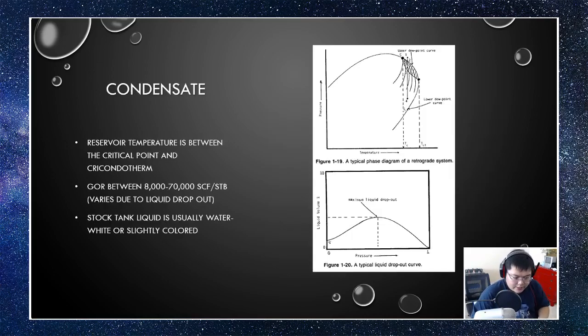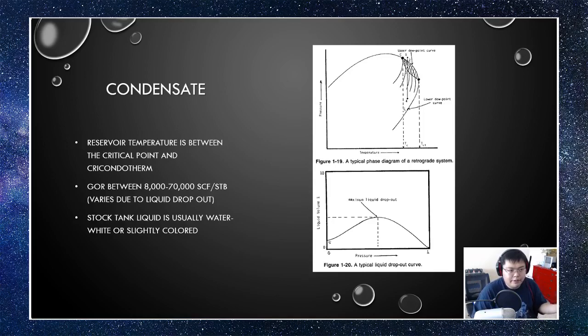Now, condensate is the last category I wanted to talk about today, but that's sort of a confusing topic by itself, especially since I just talked about wet gas. So condensate gas reservoirs is sort of a phenomenon almost, where the initial temperature of the reservoir is between the cricondotherm and the critical point.